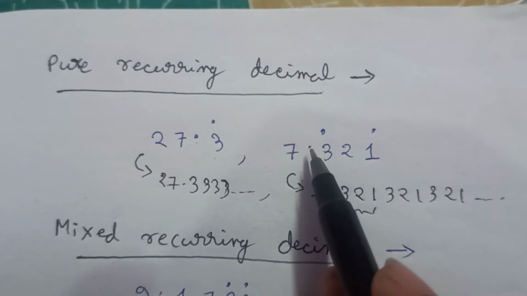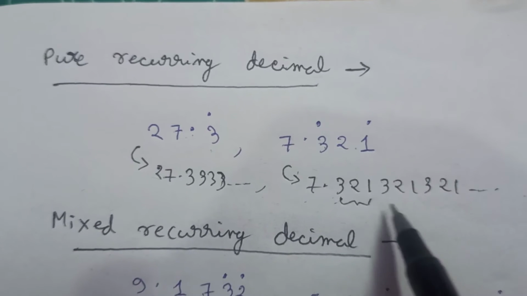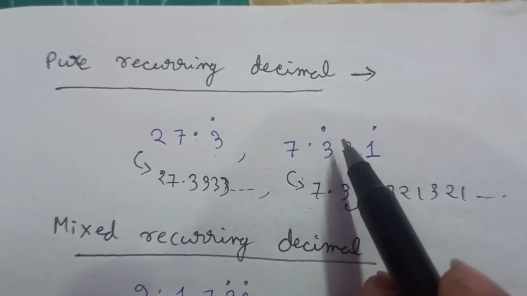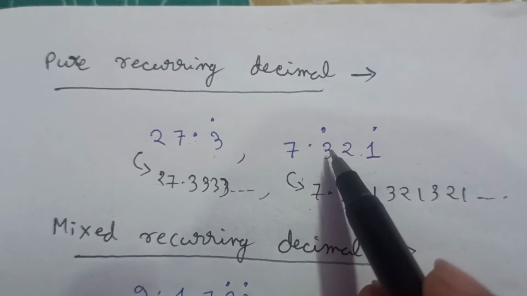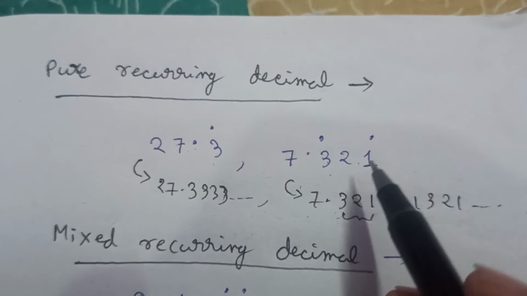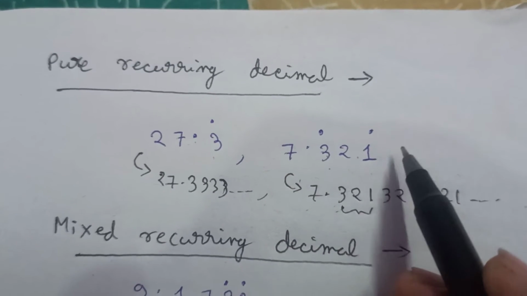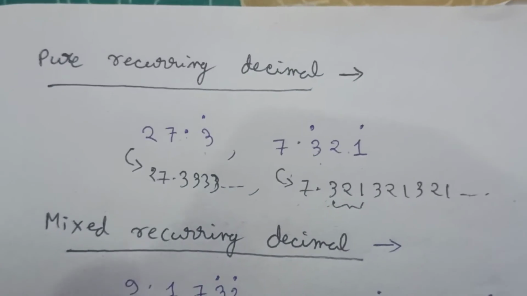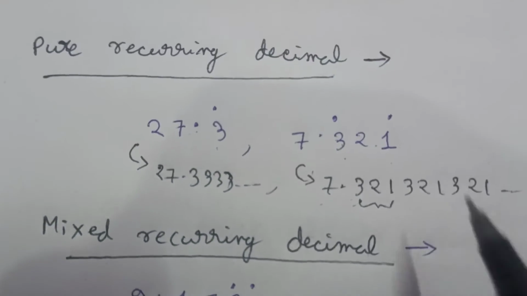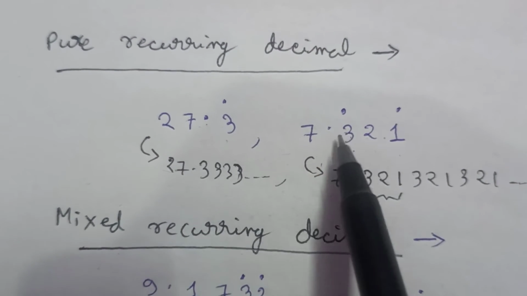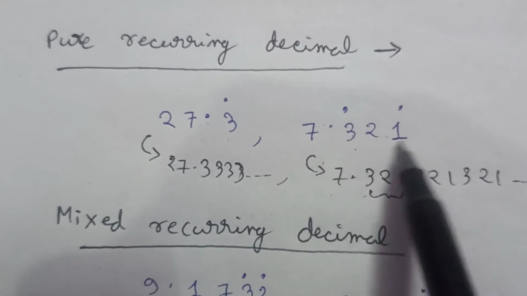So I will write all the 3 digits that repeat, and I will put a dot on top of the first number and on top of the last number of the repeating digits. So it will be 7.321, with a dot on 3 and on 1. So these are pure recurring decimals, as all the digits after the decimal point are recurring.